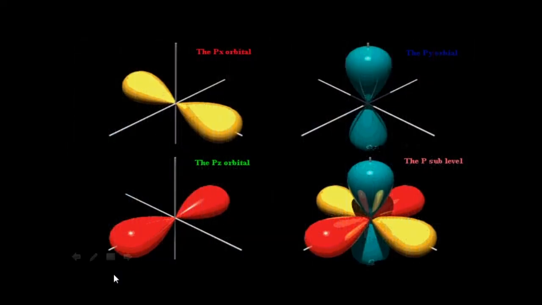See, this is the 2px. This is the x-axis. So the lobes along the x-axis mean 2px. The lobes along the y-axis mean 2py. This is the y-axis. And then the lobes along the z-axis mean 2pz. This is the z-axis.